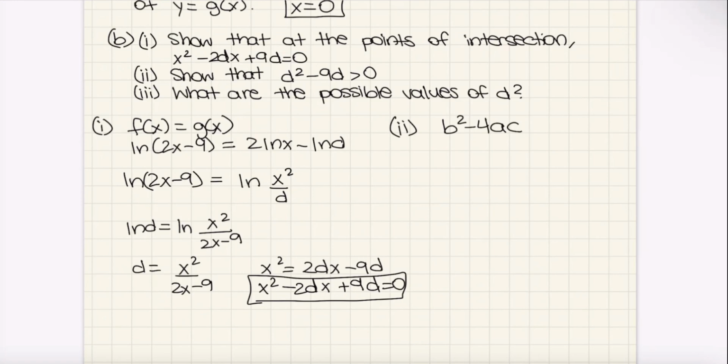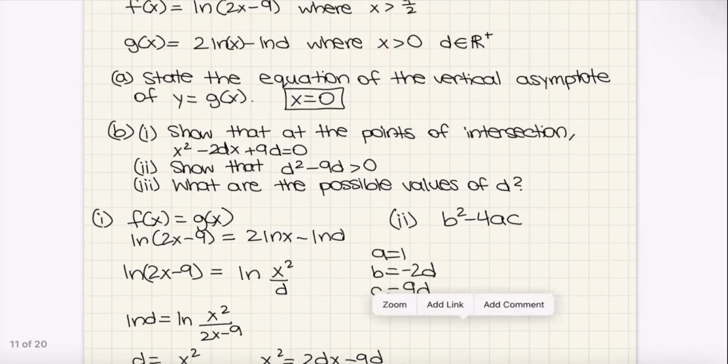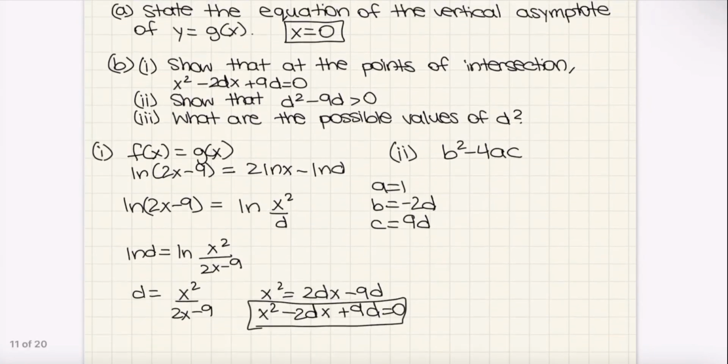In this case, a is equal to 1 because a is the coefficient of x squared, b is the coefficient of x, which is negative 2d, and c is the constant, which is 9d. Keep in mind, d is just a positive real number. d is not a variable like x is.